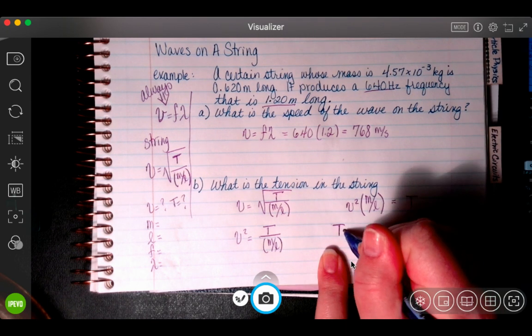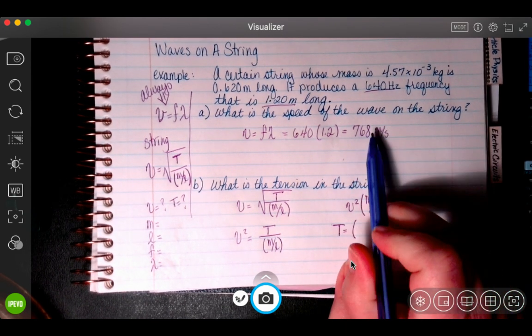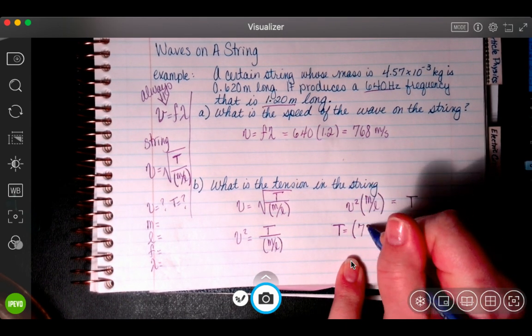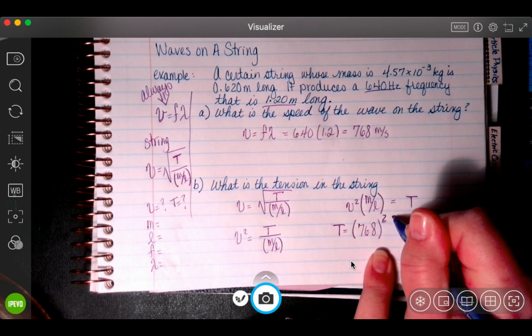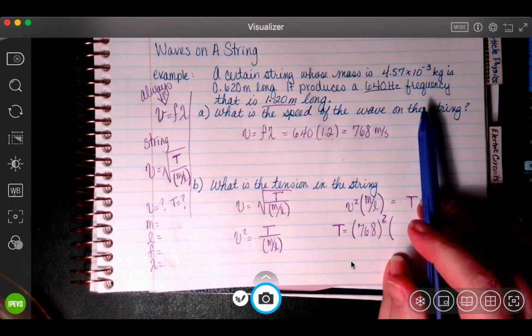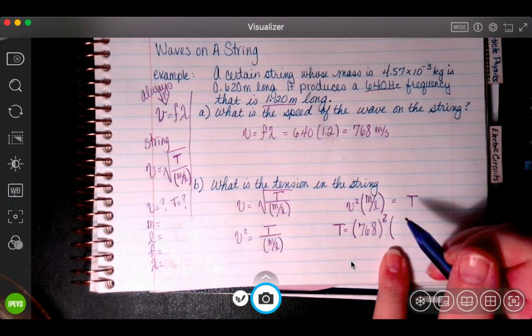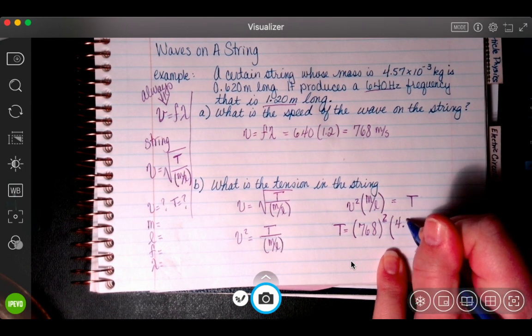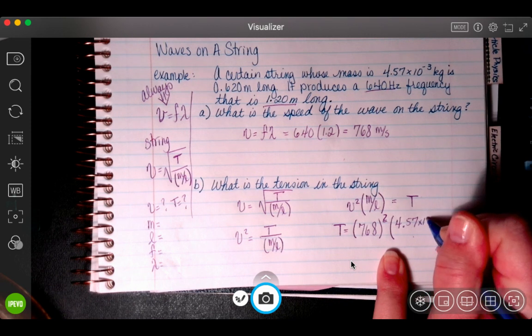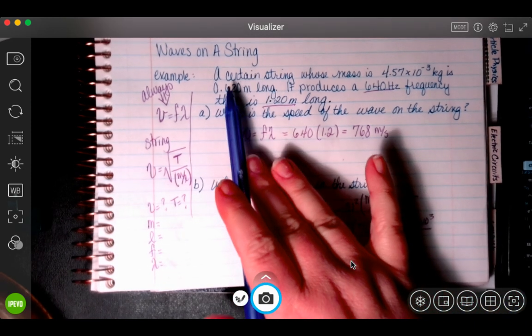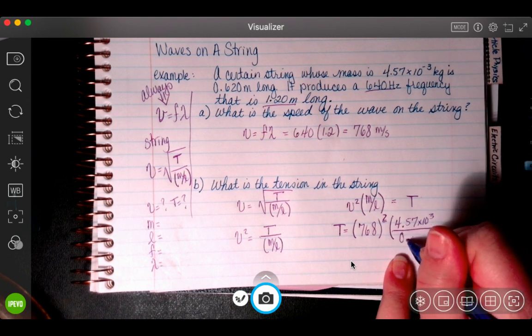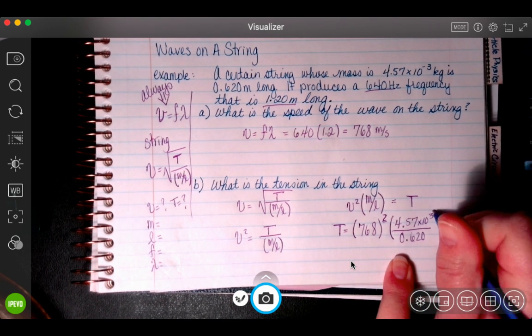So tension would be my velocity, 768 meters per second, don't forget to square it, multiplied by my mass, which is that 4.57 times 10 to the negative third kilograms, divided by my length, which is 0.620.